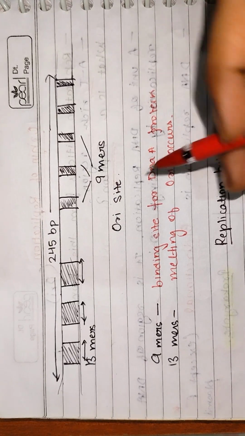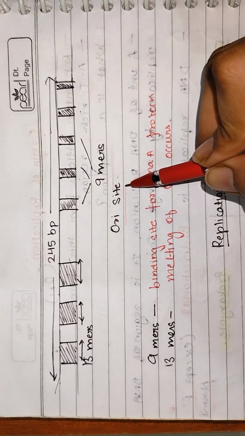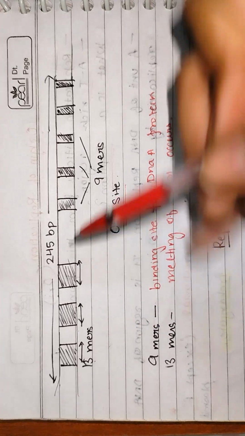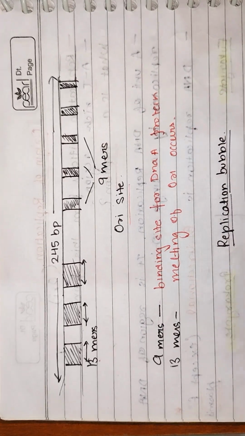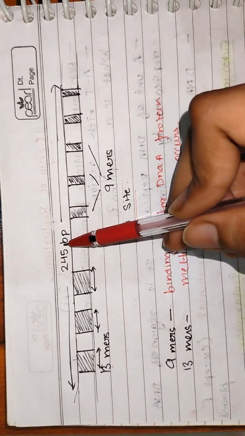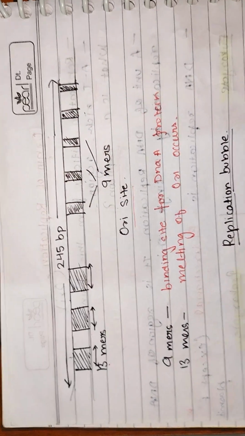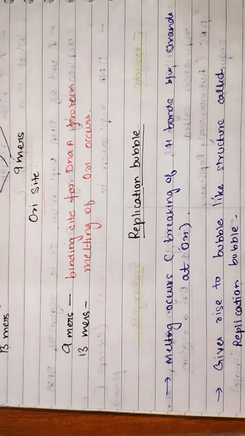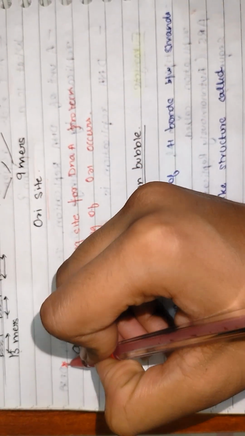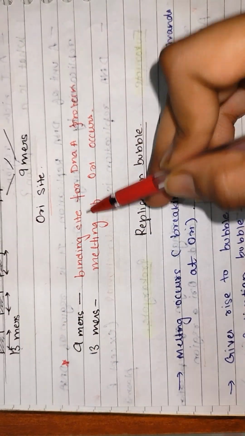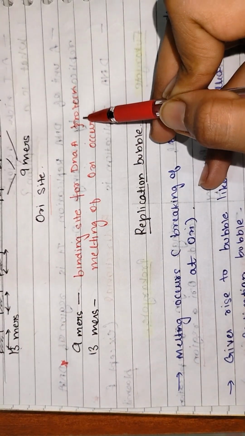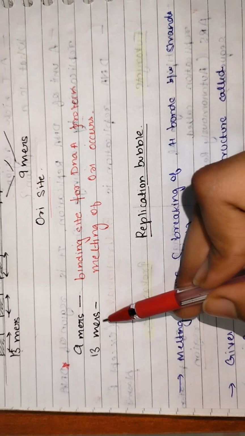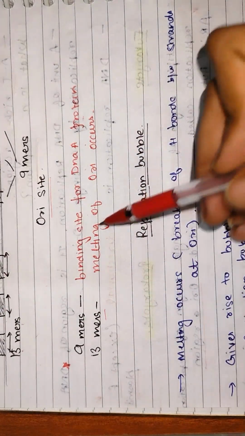This is the ORI site in prokaryotes. These are 13 mers and these are 9 mers, and this is 245 base pair long. Now, 9-mers is the binding site for DnaA protein in the replication process, and in 13-mers the melting of ORI occurs.